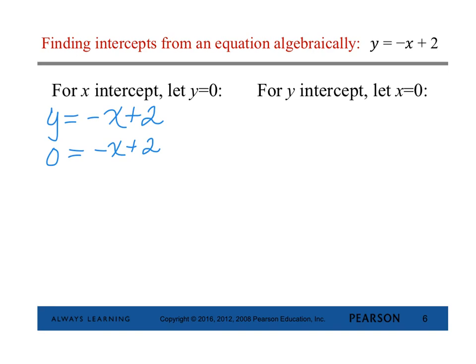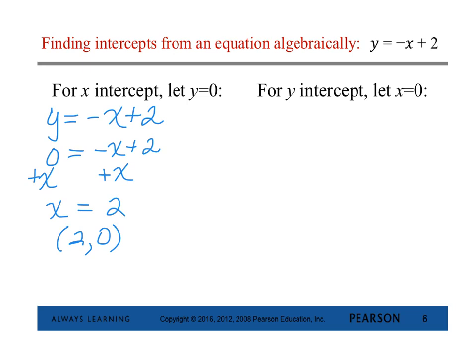Then we'll add x to both sides so that we get the x variable by itself, and we see that x is equal to 2. So the x-intercept is (2, 0).